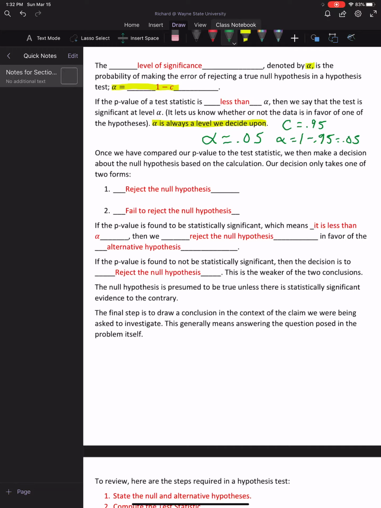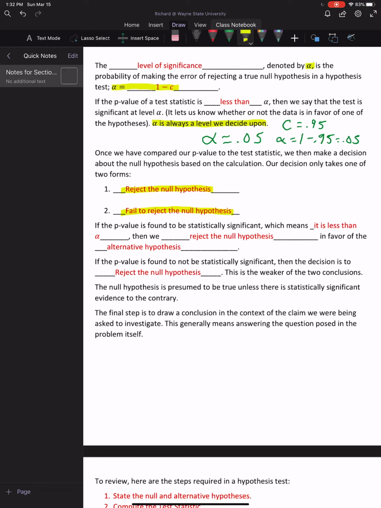Now we've got two decisions that we can make for the hypothesis test, just two. The first is to reject the null hypothesis, and the other is to fail to reject the null hypothesis. You'll notice this is always in terms of and in reference to the null hypothesis.